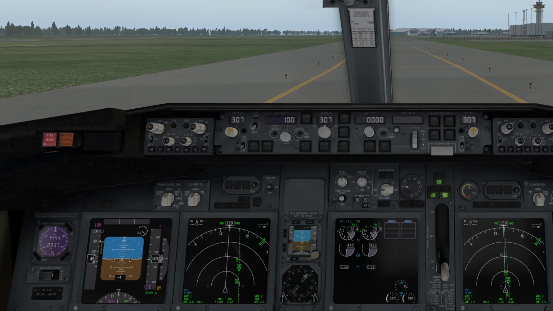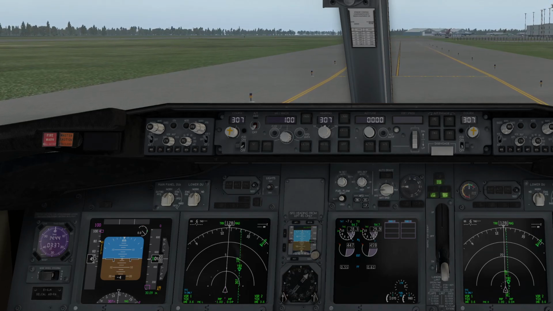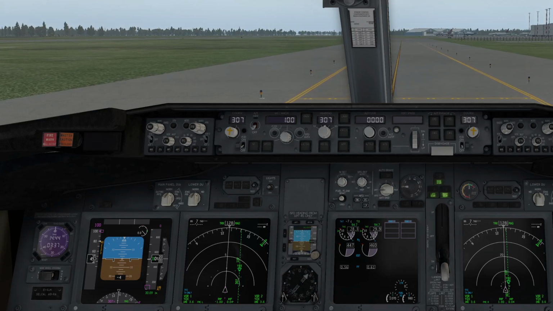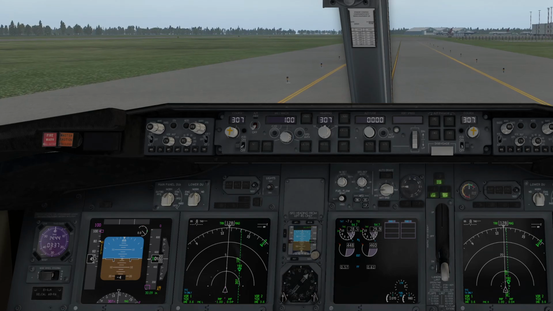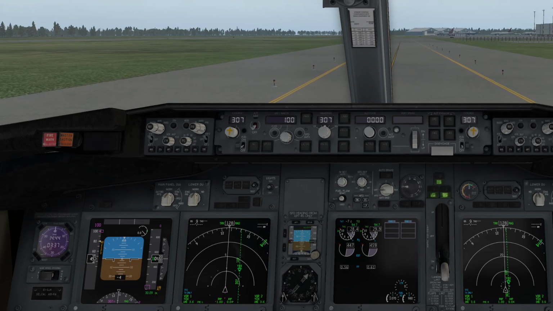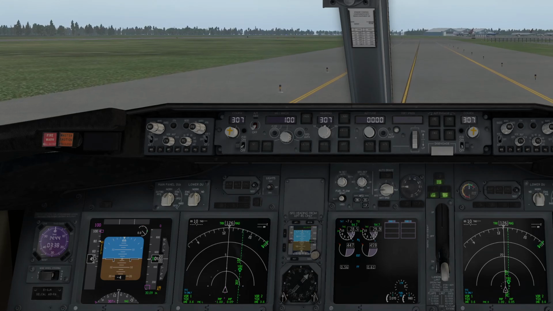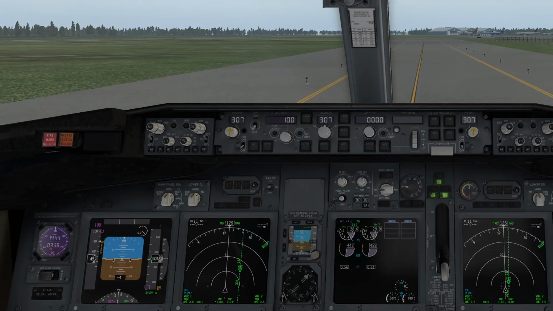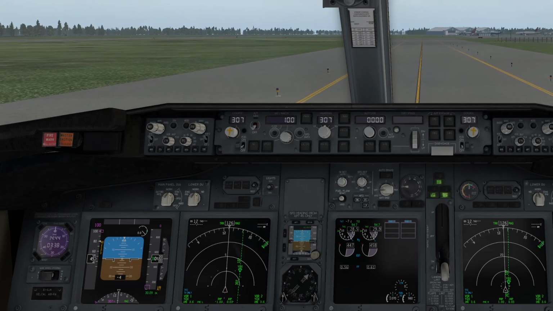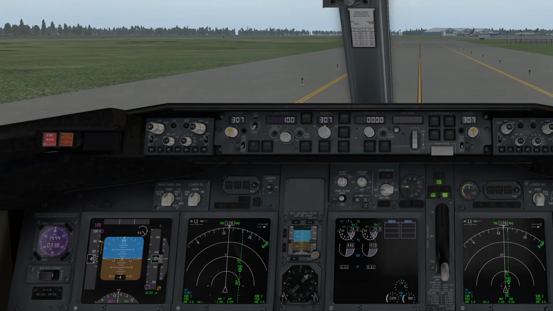I will not see the replay because it crashes all the time. So first go to the stand and switch off the engines. Total flight time for the moment 3 hours 37 minutes. I think 3 hours 40 was planned, so a good estimate.